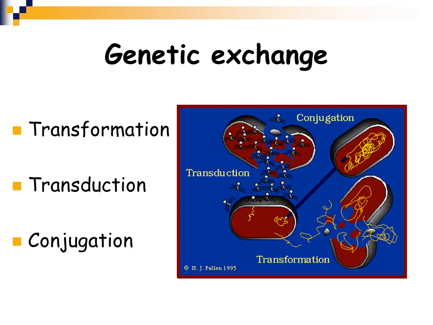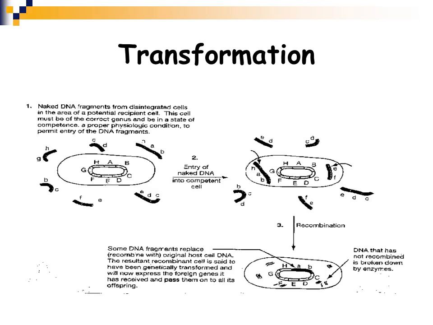Bacteria have the capacity to exchange genetic information, and there are 3 types of exchange. One is transformation, one is transduction, and one is conjugation. And here's a little schematic of the 3. For transformation, you can get fragments of DNA floating around.